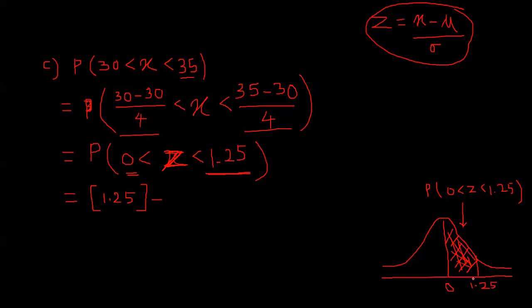You need to get the area to the left of Z, that is 1.25, minus the area to the right of 0, this one. So 0. So area to the left of 1.25 should minus area to the left of 0.